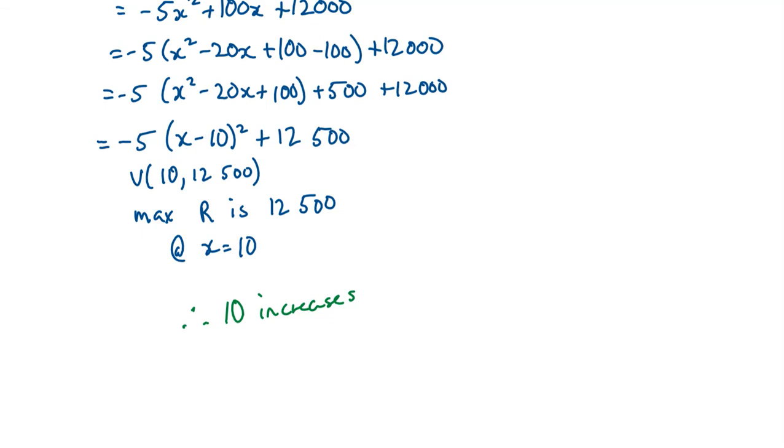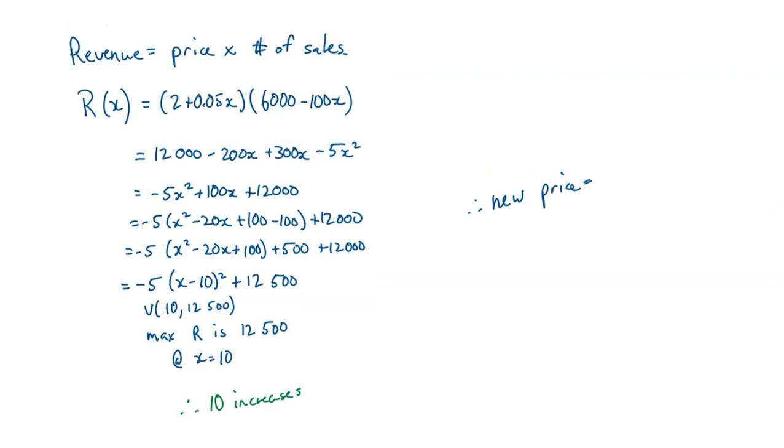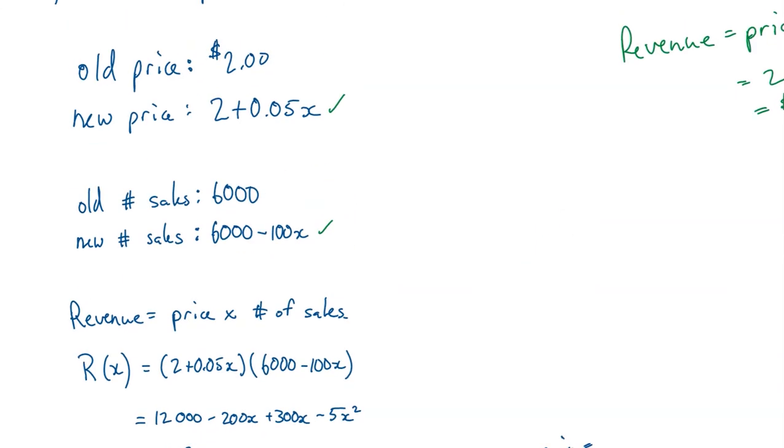But it says, what should the selling price be? So the new price, again, I've got that written down here. New price is right there, 2 plus 0.05x.